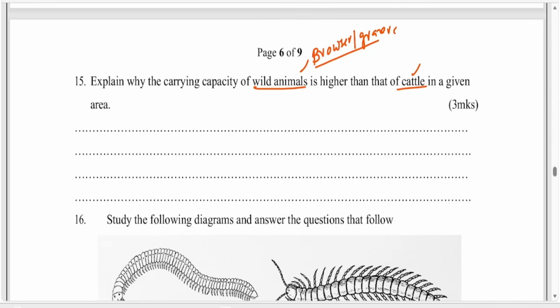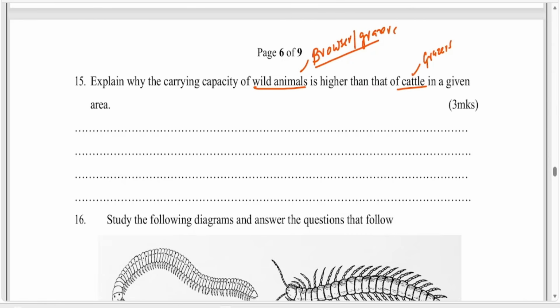But the cattle are only grazers. So there's a lot of competition among cattle because they depend only on grass, and therefore that given area will only accommodate a lower number of cattle as compared to wild animals. Because in the same area, cattle cannot consume the leaves, but they can consume the grass.